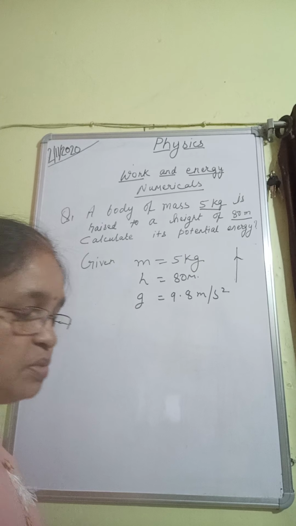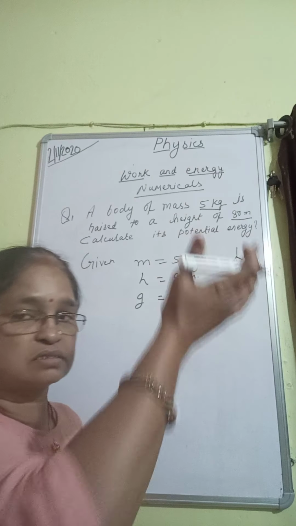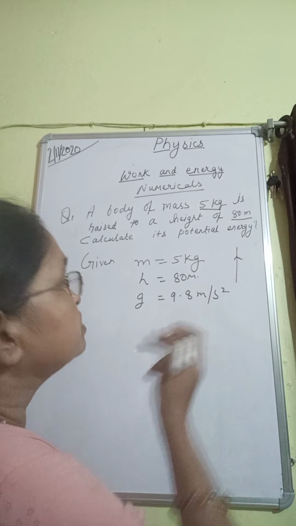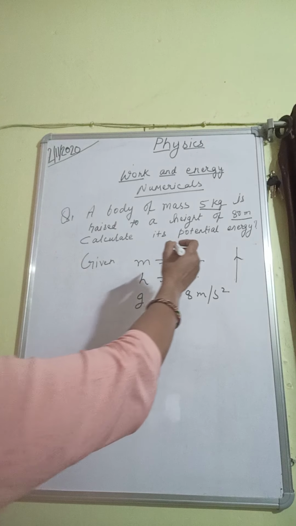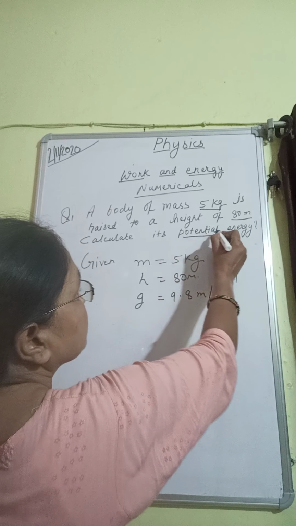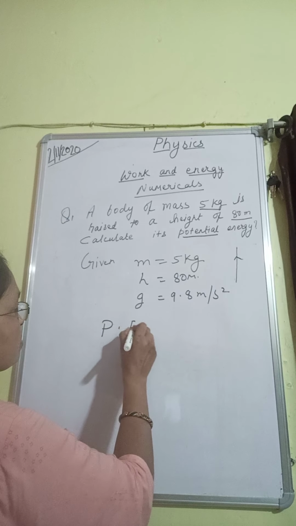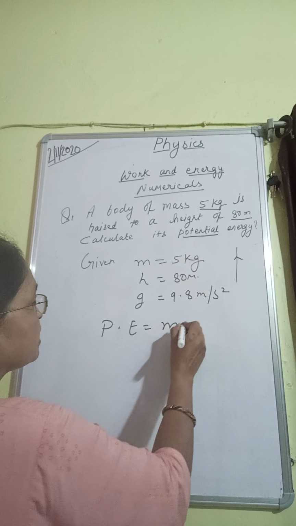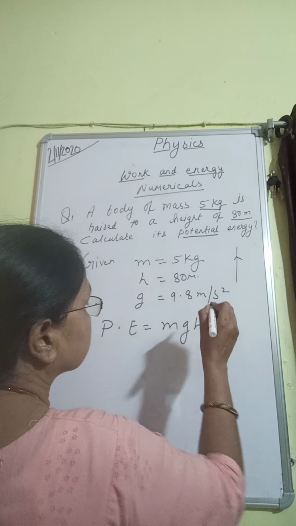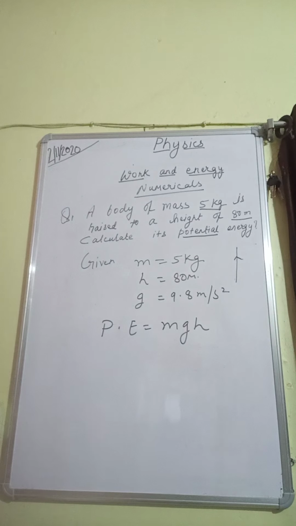As we know, when a body is raised against gravity, the potential energy formula we have derived is mgh. We have done this one in the previous class.